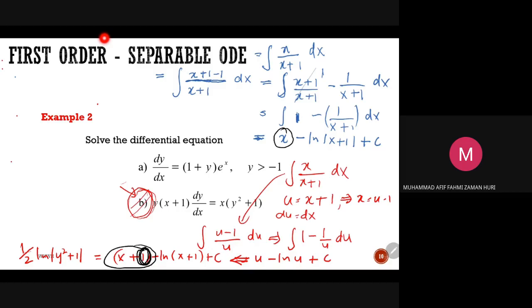Okay, X plus 1 ni is a constant. So X ni dia boleh join dengan minus ln X plus 1 plus 1 plus C. Okay, so maknanya we still have half ln y square plus 1 kat sini. Yang ni pun sama. Half ln y square plus 1 kat sini.